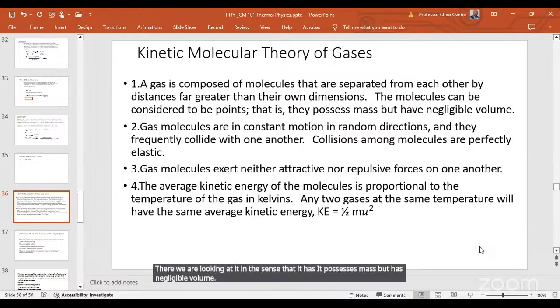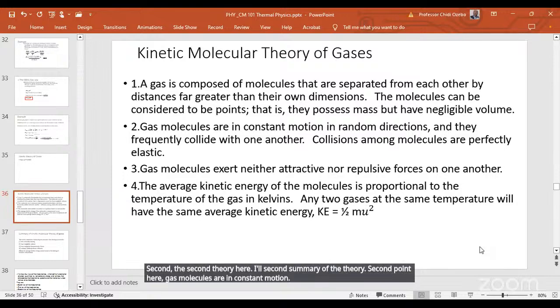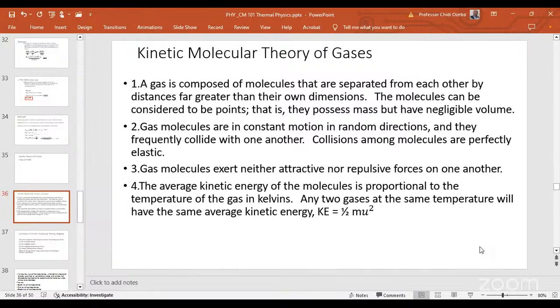Second, gas molecules are in constant motion in random directions, and they frequently collide with one another.